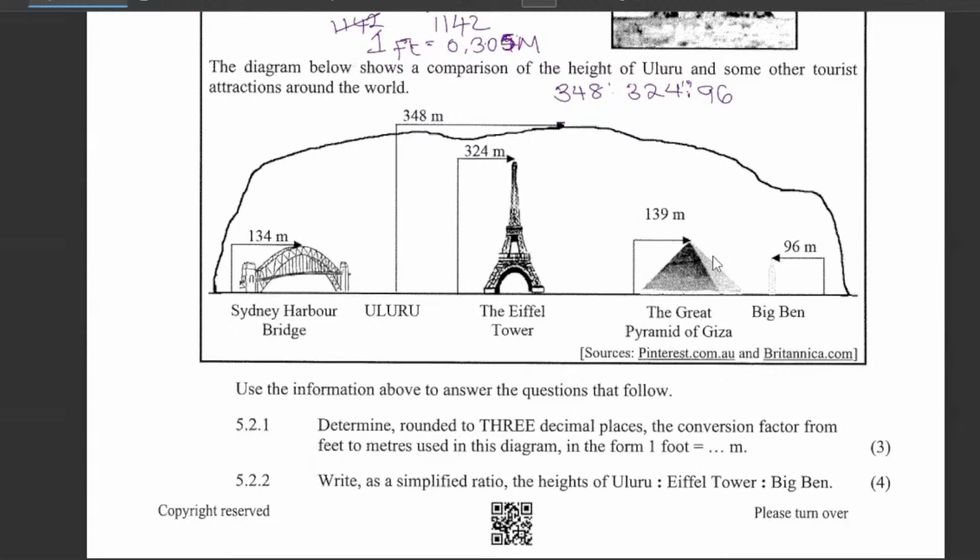Let's see, if we divide through by the smallest value, when I compare the smallest value and this one here, I get 29, and here I get 8. So I need again to compare 32 divided by 96. I get 8 and 27. So this is it, this is the simplified ratio: 29 is to 27 is to 8.